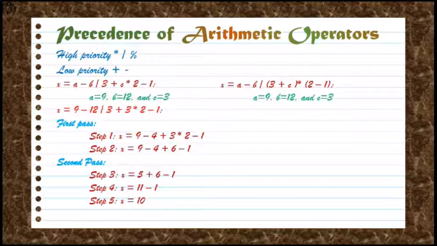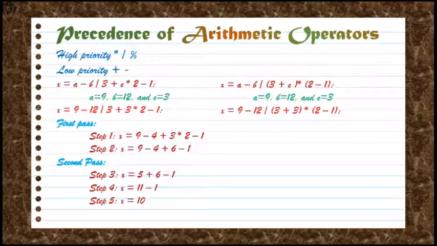Take the same values, that is a equal to 9, b equal to 12 and c equal to 3. Just replace the values. So the equation becomes x equal to 9 minus 12 divided by, in brackets, 3 plus 3, close the bracket, then into, again in brackets, 2 minus 1.